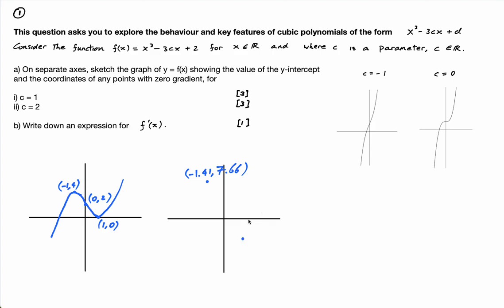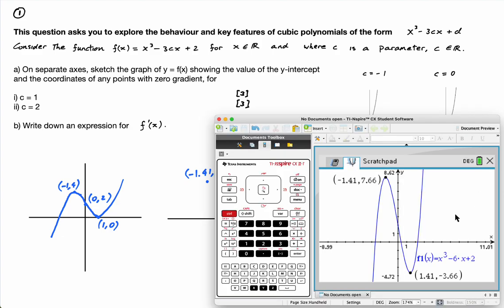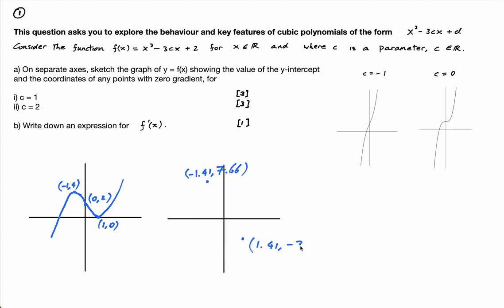Note, guys, it doesn't have to be perfectly accurate. Like I looked at 7.66 and 3.66. It should be about halfway. This distance should be half of this distance approximately, so it's not a big deal.